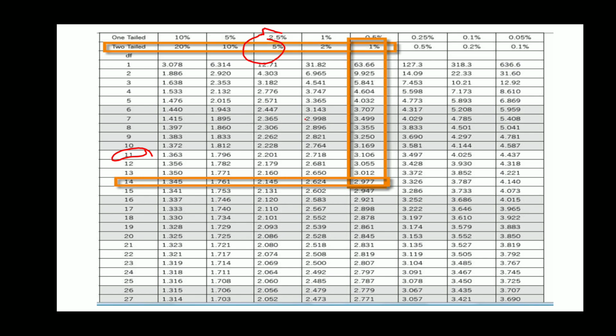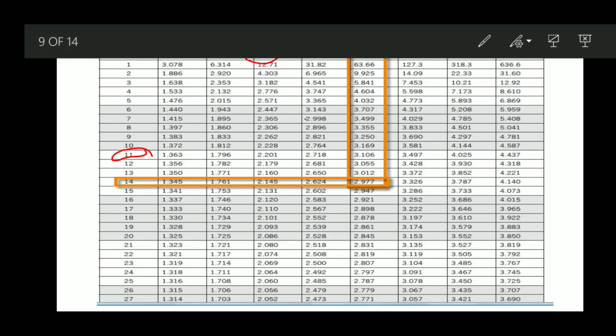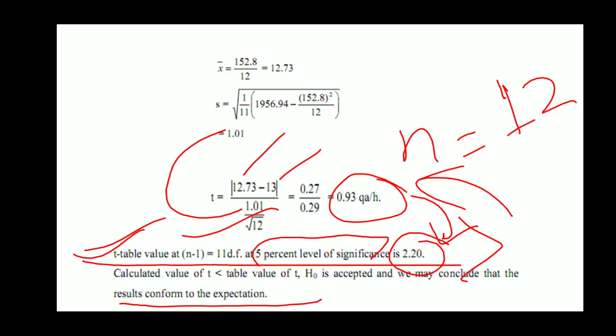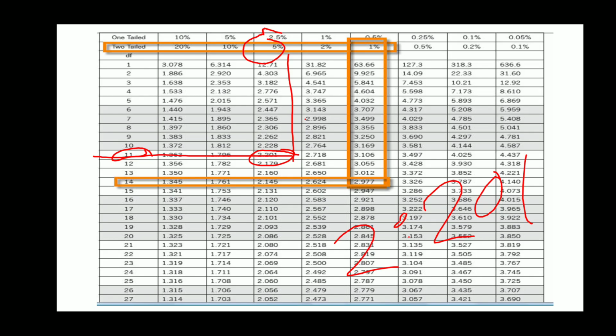Now see 11 and 5. This is the intersecting cell, which shows our table value is 2.201. See, 2.20 is your table value. This is how we read a table. I hope that makes sense to you.